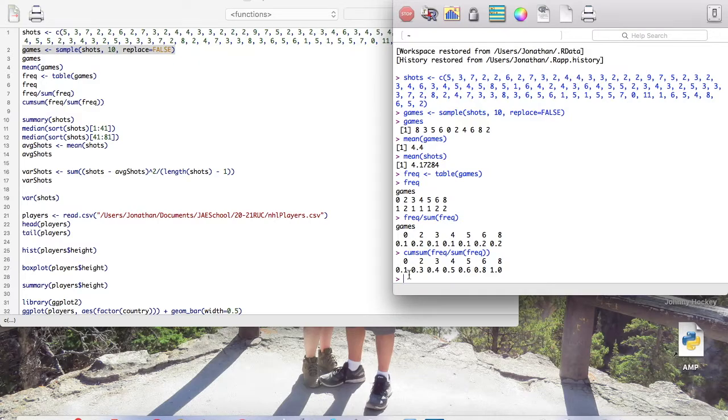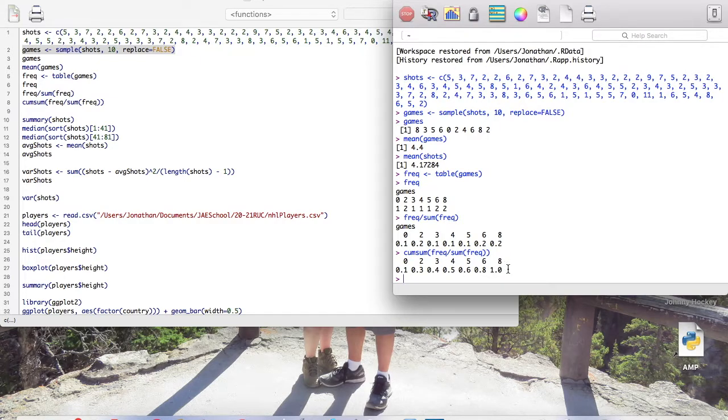So for example, 10% of the games have 0 shots. 30% of the games have at most 2 shots. So we take the 10% that were 0 shots, the 20% that were 2 shots. 40% of the games have at most 3 shots, so the 10% from 0, the 20% from 2, and the 10% from 3, and so on.